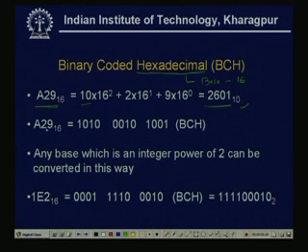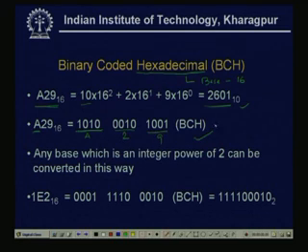Now, if I want to convert the same number into BCH, each hexadecimal digit will be represented by 4 bits. In octal it was represented by 3 bits. So, this A means 10, so this is 1010. This is my 2 and this is my 9.